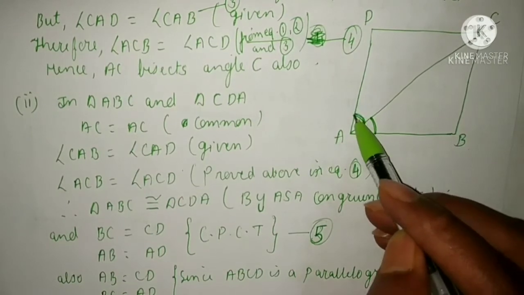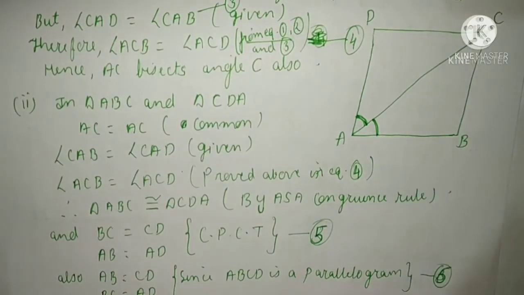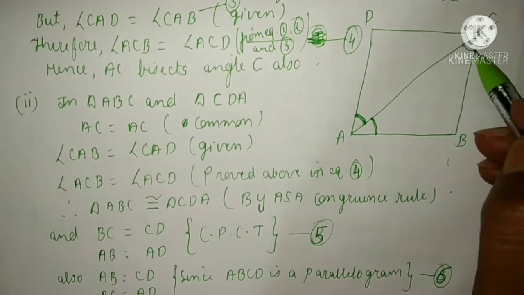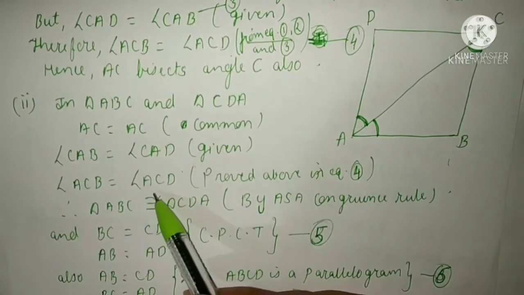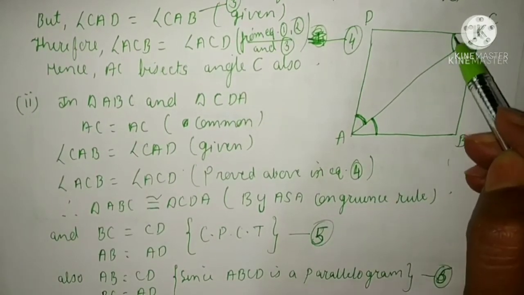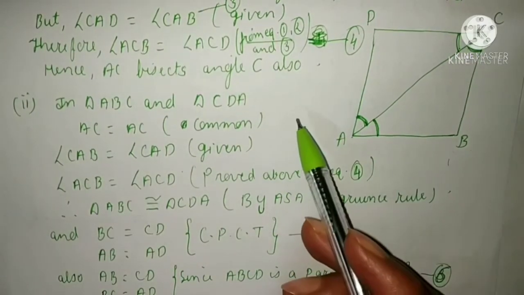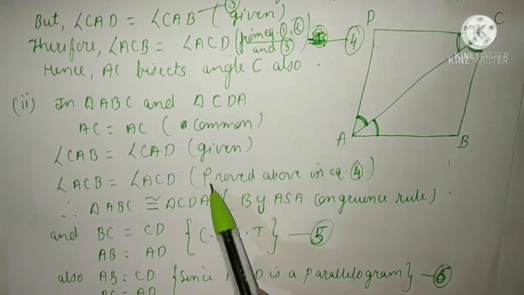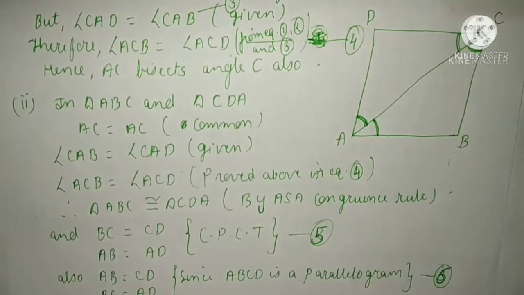This is given to us in our question only. So here we will write given. Then angle ACB, this angle, is equals to angle ACD. This we have proved in the above part, that is in equation number 4. So here you can write proved above in equation number 4.